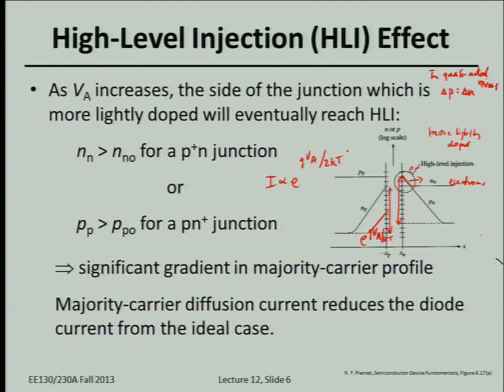Qualitatively, does this make sense? Majority carrier diffusion current becomes significant, and that reduces the diode current. Normally you have log I increasing like this. Now, at high-level injection, you get less increase in current for a given increase in VA. That's all it's saying.